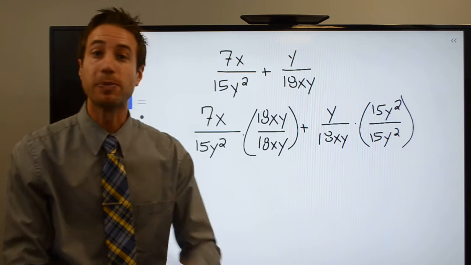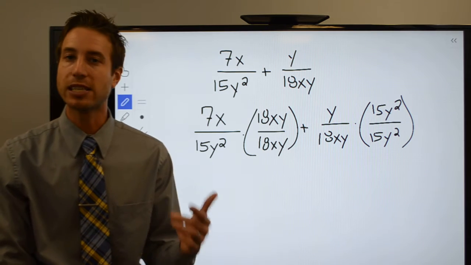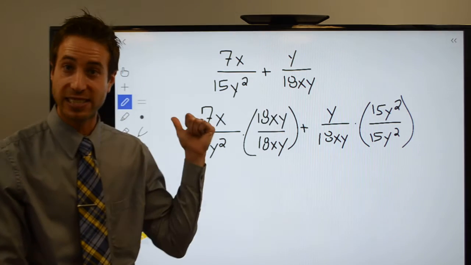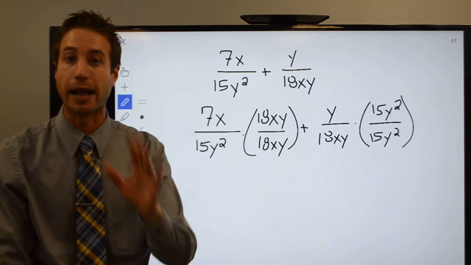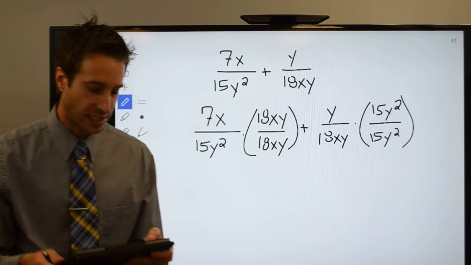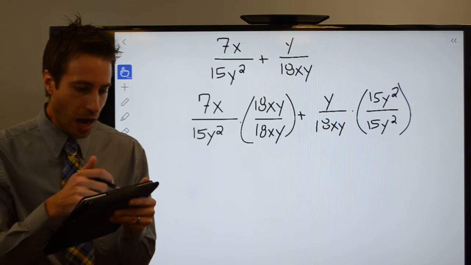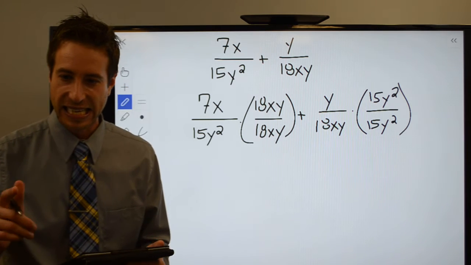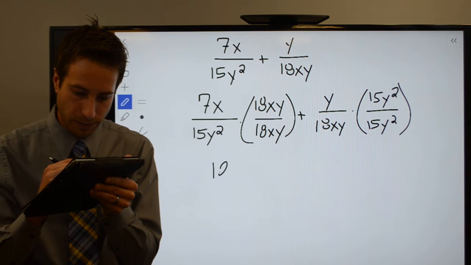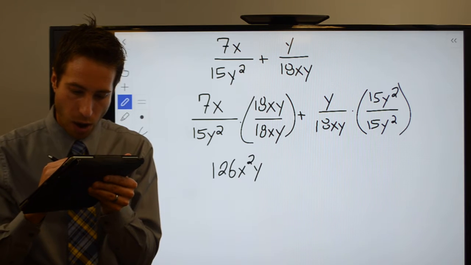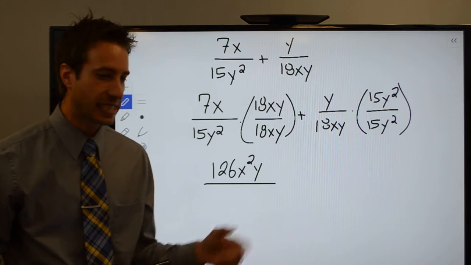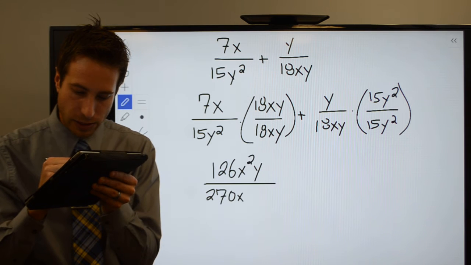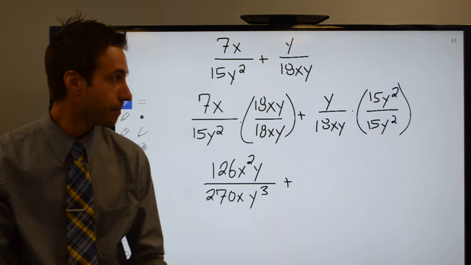Now at this point, probably a lot of you are thinking, geez, Lou, why would I spend all the time trying to find an LCM if all I have to do is multiply the first guy by the denominator of the second one and multiply the second guy by the denominator of the first? Well, you'll see why here in just a second. Let's multiply these together. 7 times 18 is 126x squared y, all over 15 times 18, which is 270xy cubed.